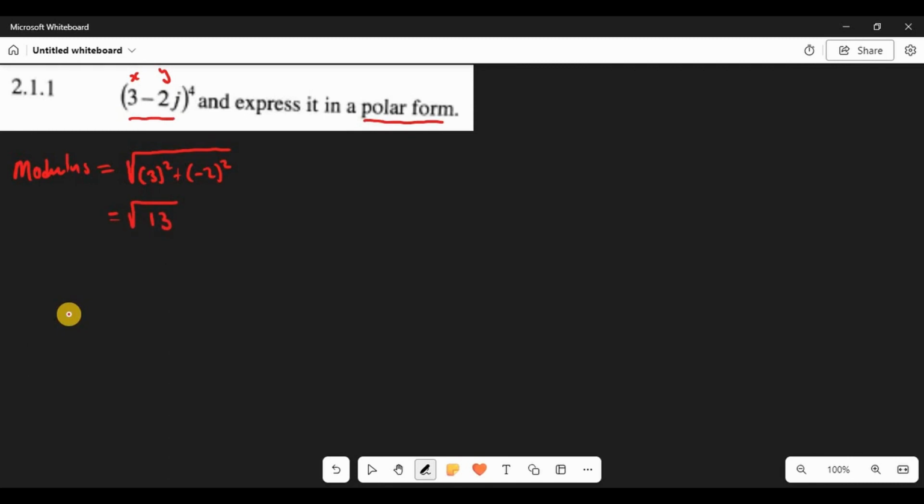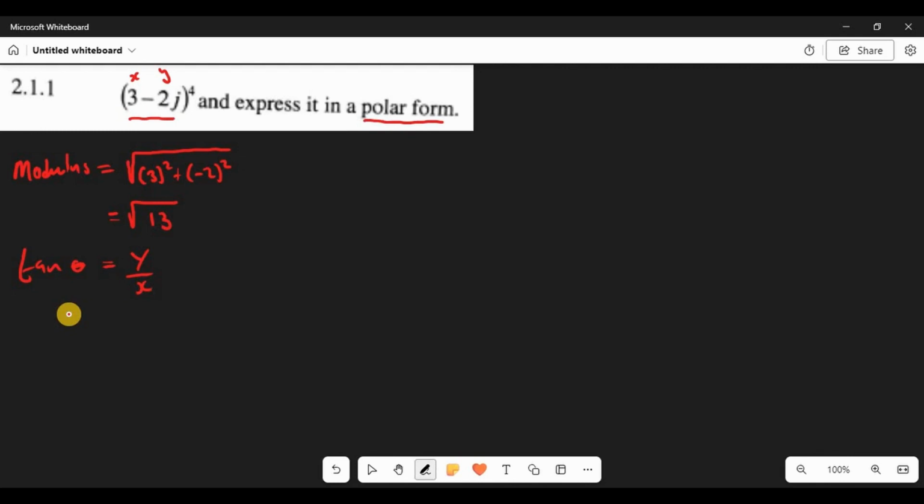So in order to find the argument, you need to use tan theta, and you know that tan theta is equal to y over x. Remember your y is negative 2 and your x is 3.